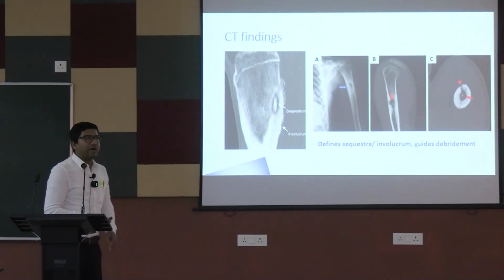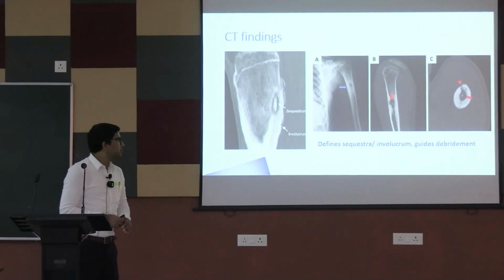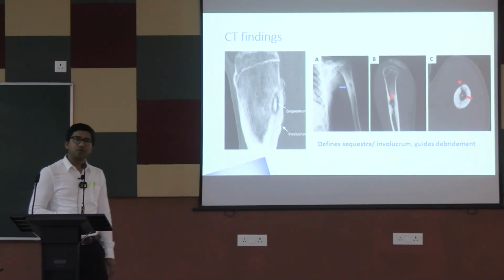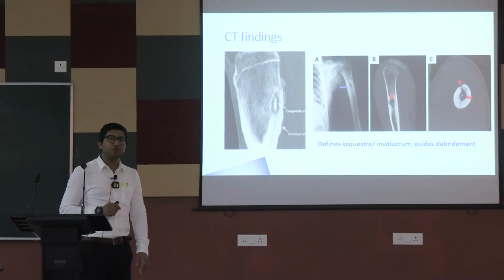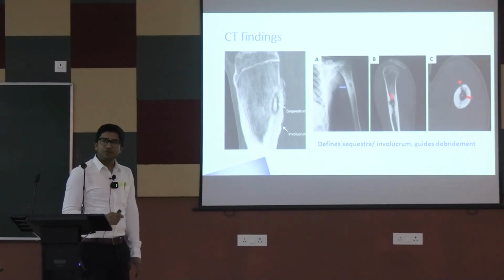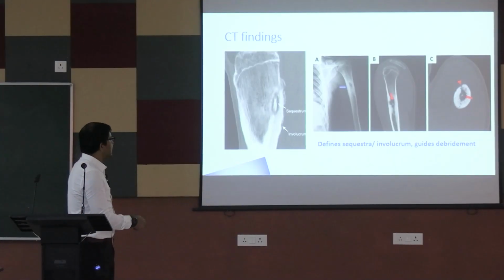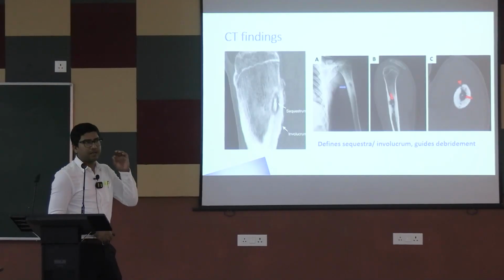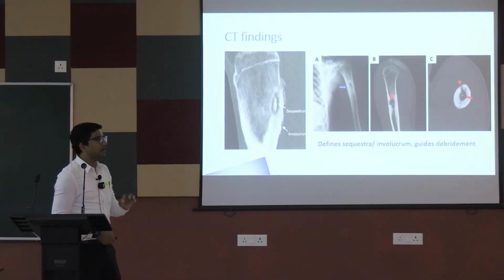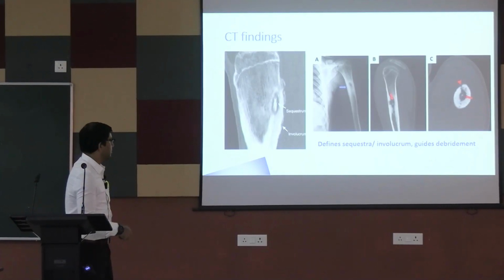And in chronic osteomyelitis, the CT scan helps to identify the area of the bone affected. If you can't see the sequestrum on X-ray and you plan surgical intervention, then the CT scan helps you identify where the sequestrum is, which part you need to remove and access.